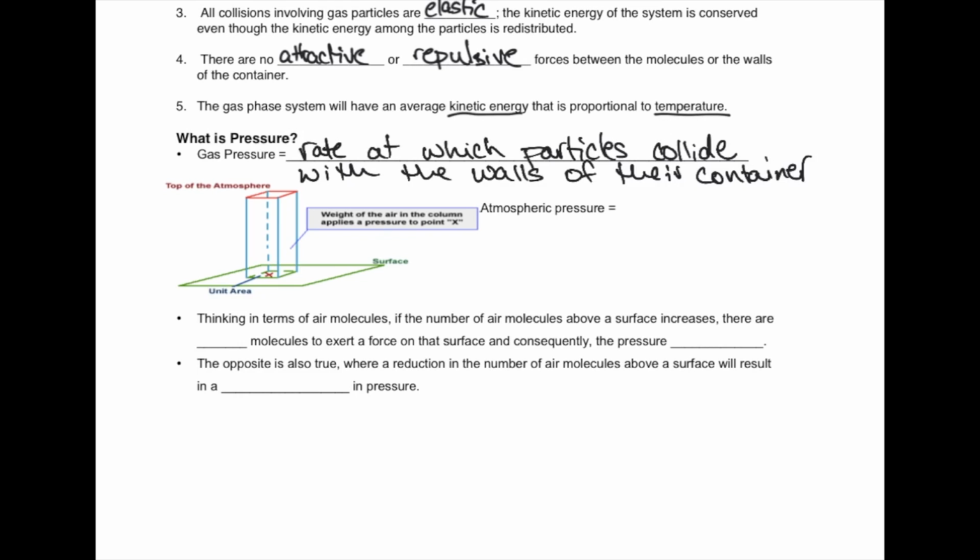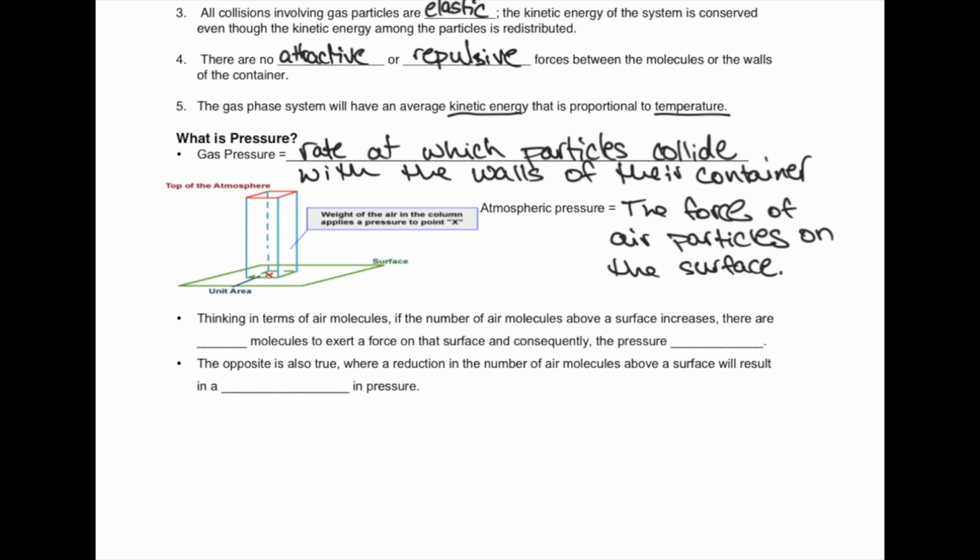And some of you have probably heard, if you watch the news, I watched the news like crazy when I was a kid. I still do, right? But anyways, if you pay attention to the weather, a lot of times they talk about this atmospheric pressure, right? And so the atmospheric pressure is the force of air particles on the surface. Right? It's just the weight of all of those air particles on top of the surface.